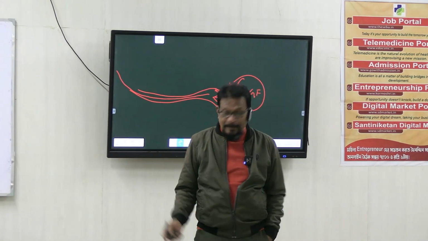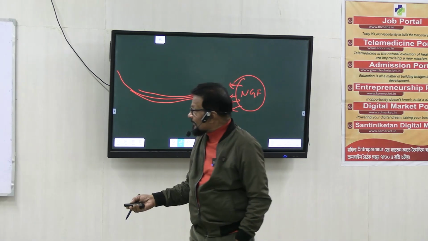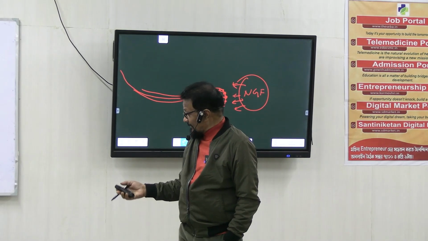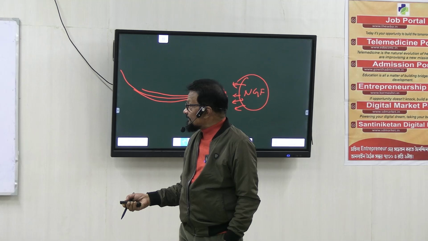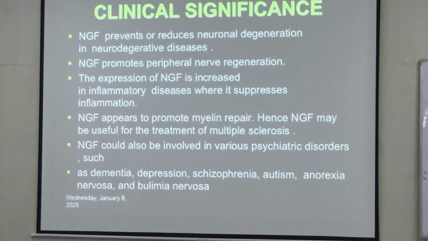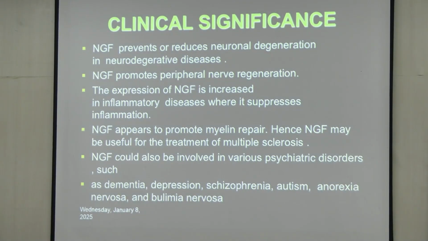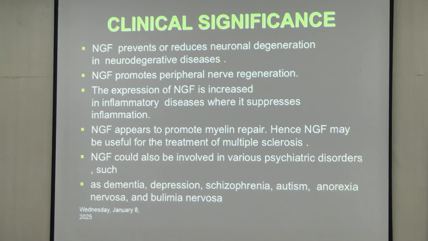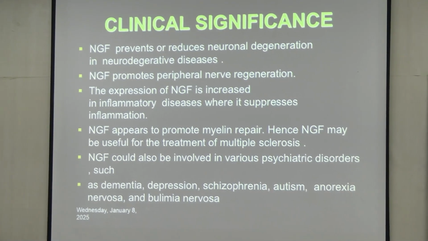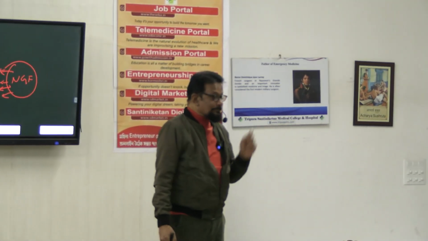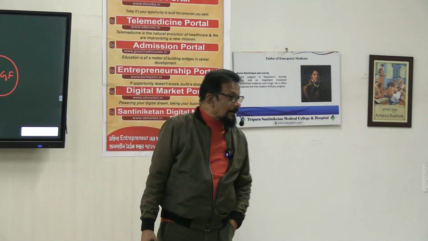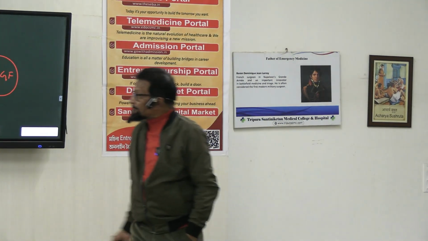These have clinical value in different disease conditions: dementia, depression, schizophrenia, autism, anorexia nervosa, bulimia. These are some conditions in which NGF can be used as a drug. So in that way, these are very important.